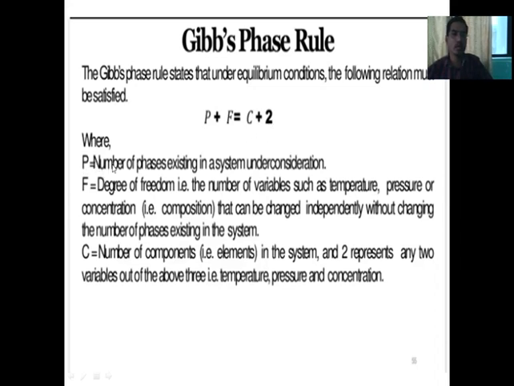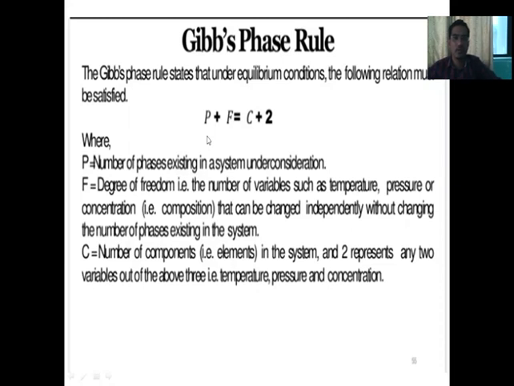P is the number of phases existing in the system under consideration. How many phases exist in any system under consideration, that value is denoted by the letter P. For example, for a metal, there may be two phases, a solid phase and a liquid phase.